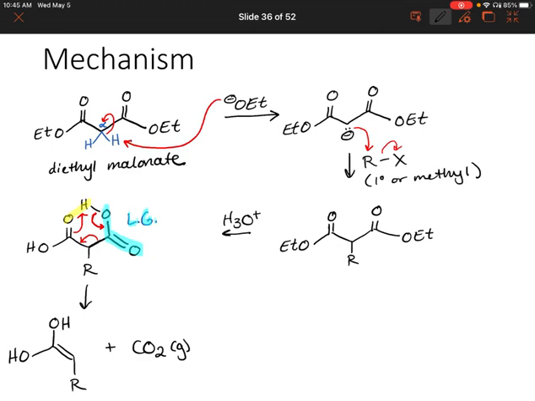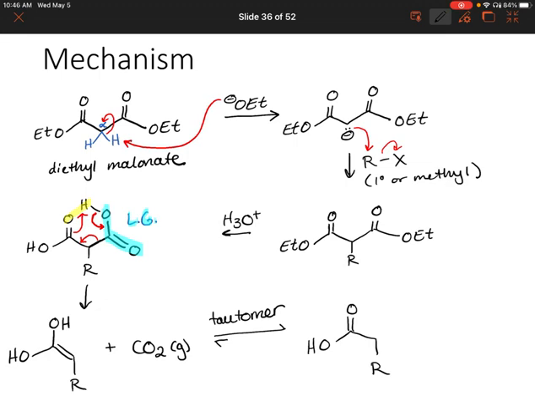Now, the molecule with the two alcohols on it is going to tautomerize, because we do kind of have an enol in there, right? We have an alcohol and an alkene. So that's going to tautomerize into our carboxylic acid. And that is our final product.